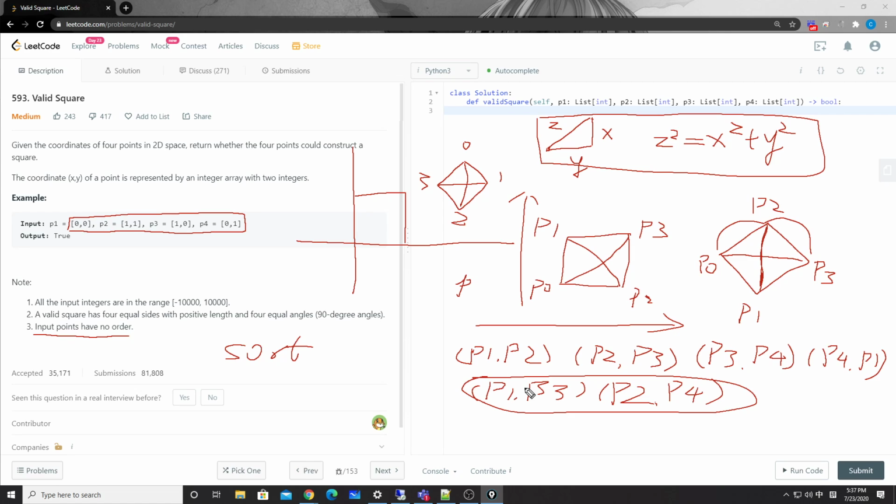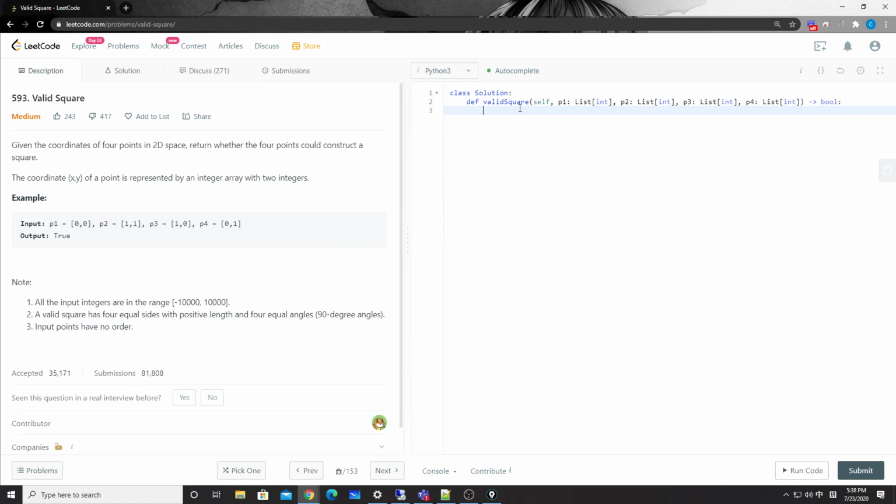Okay, I'll try to code this problem up here. First I'm going to define a helper function to get distance, taking p1 and p2.